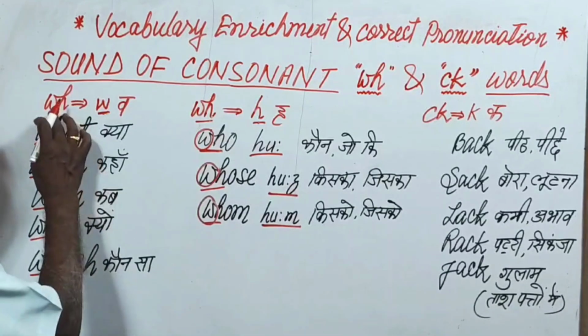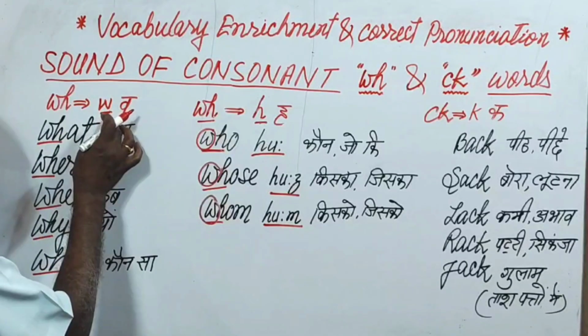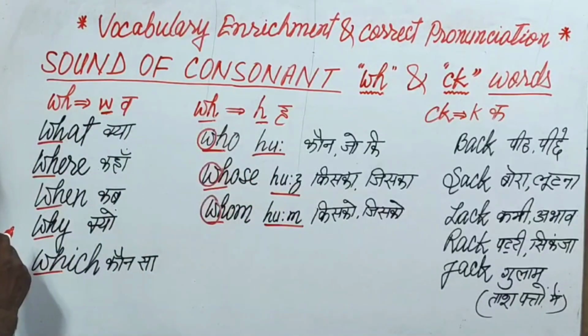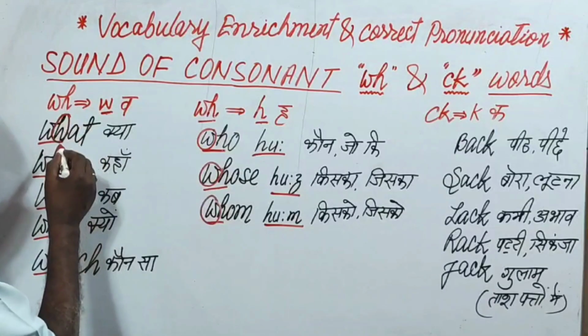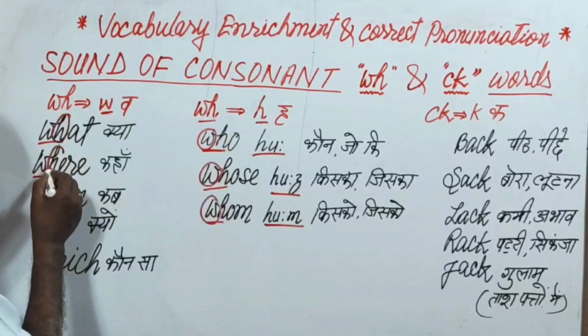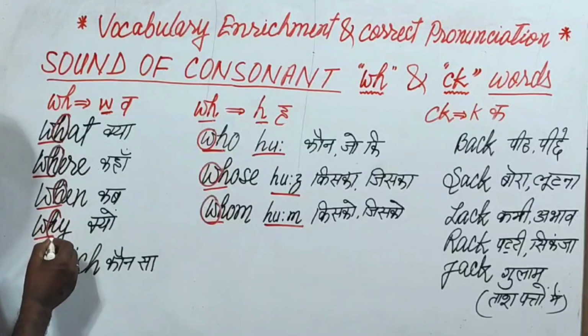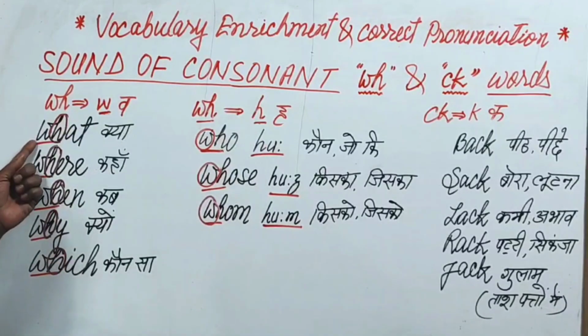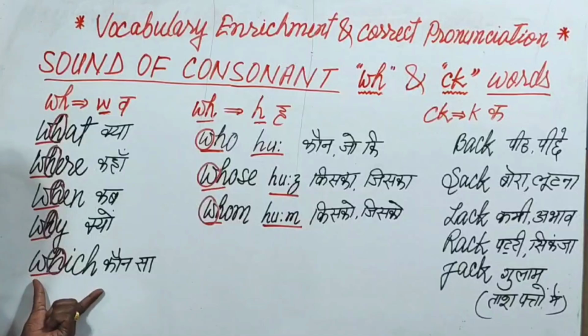WHAT. WH here is now pronounced as W. So what does it show? It shows H is silent here. You may see, in WH, H is silent: what, where, when, why, and which.